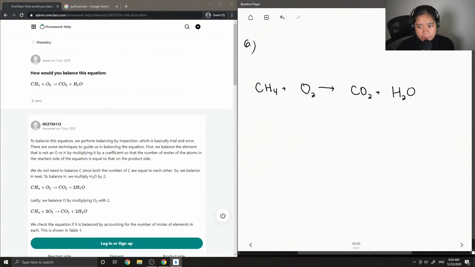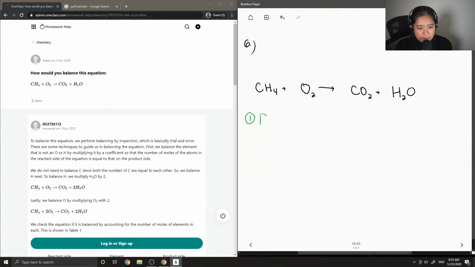So I know I want to balance my oxygen atoms last because I don't have to double take and go back and try to balance oxygen after the fact. So first, I would usually just balance the carbons and then the hydrogens and then the oxygens. But in the case of carbon, there is only one carbon on our reactant side and one carbon on our product side, so it's already balanced.